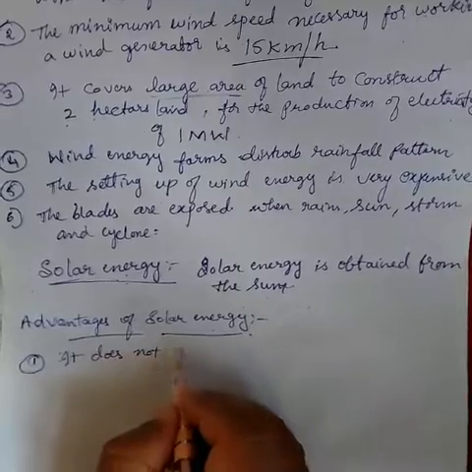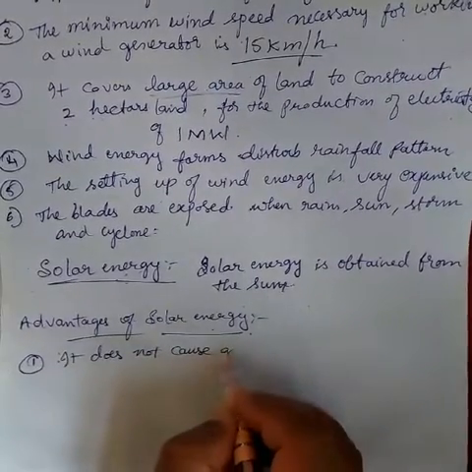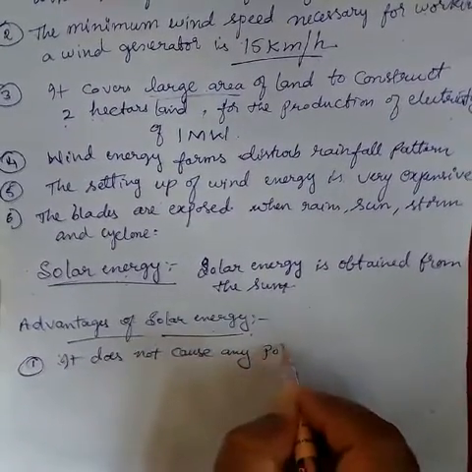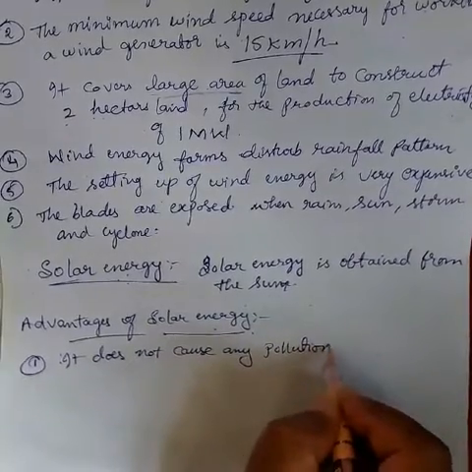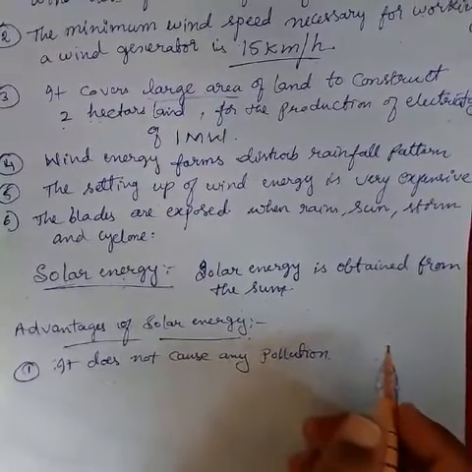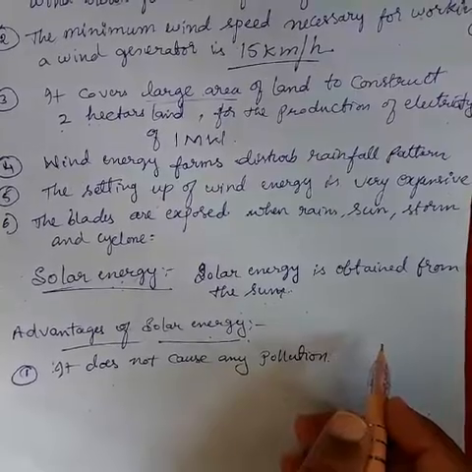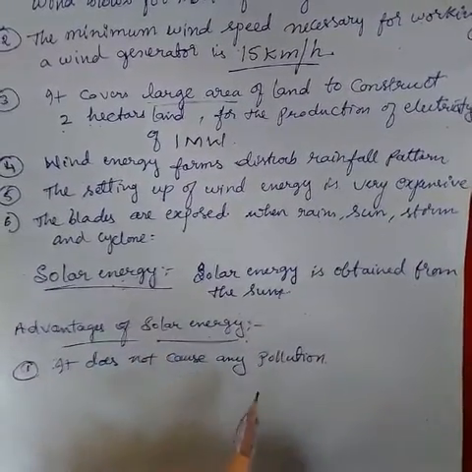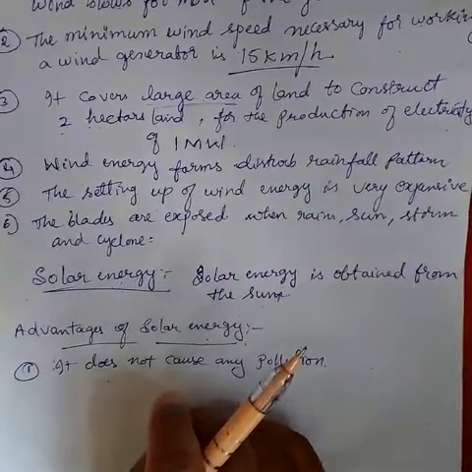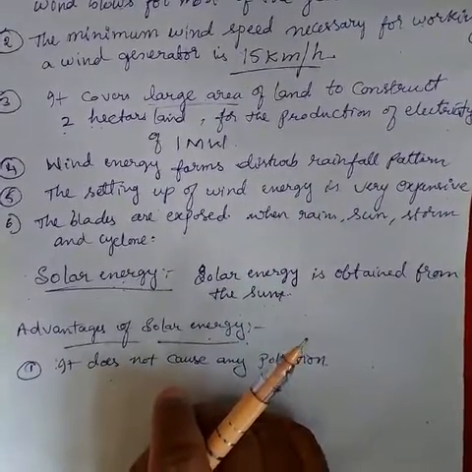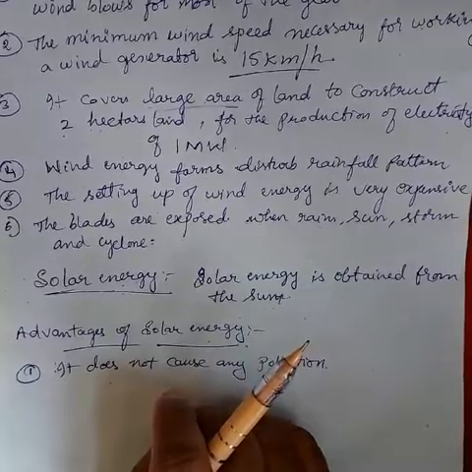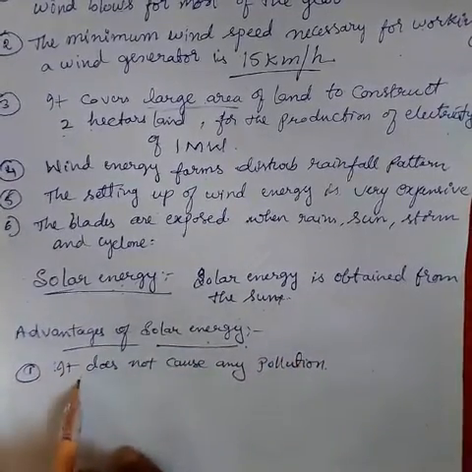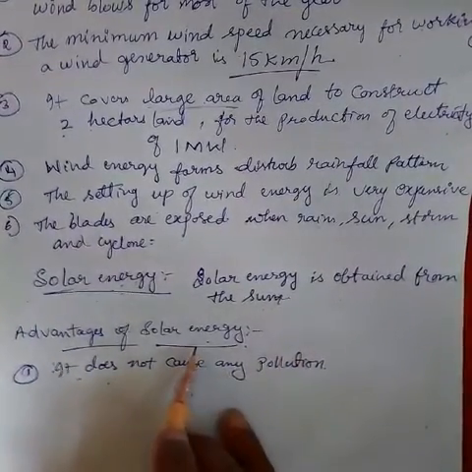Solar energy consists of rays, ultraviolet rays and infrared rays, but our atmosphere protects us from those rays coming into the earth, so it does not cause any pollution.